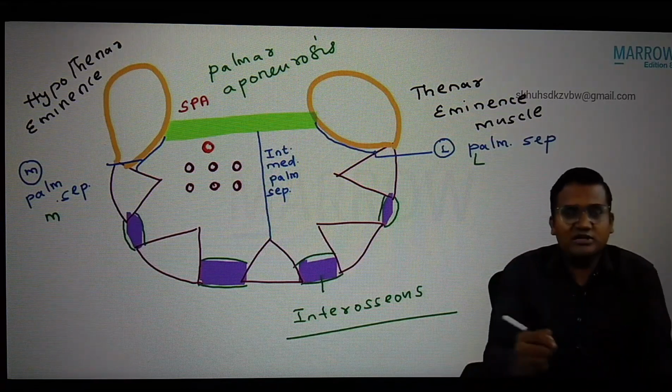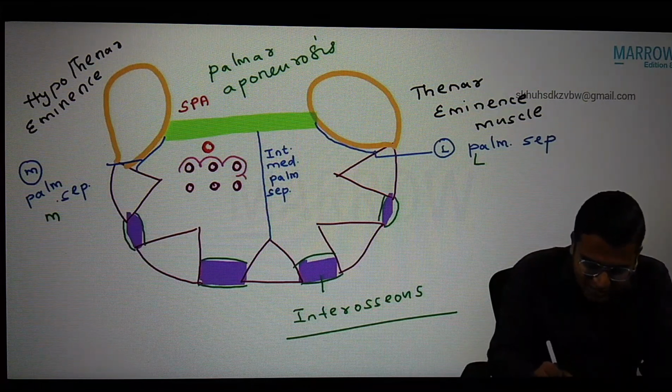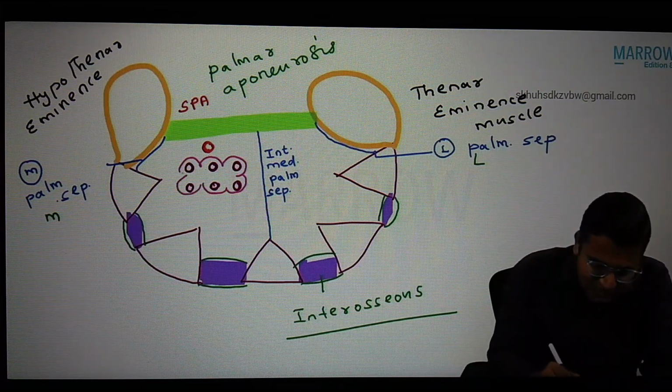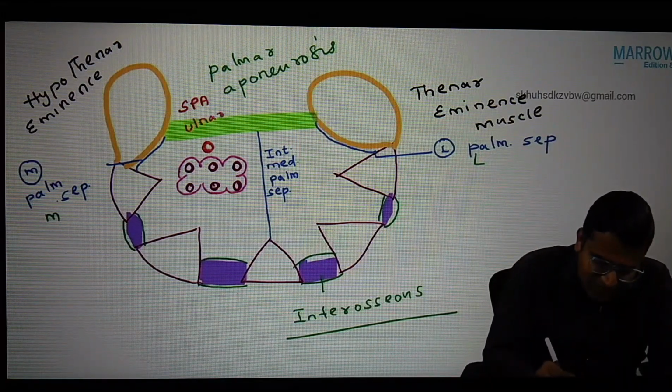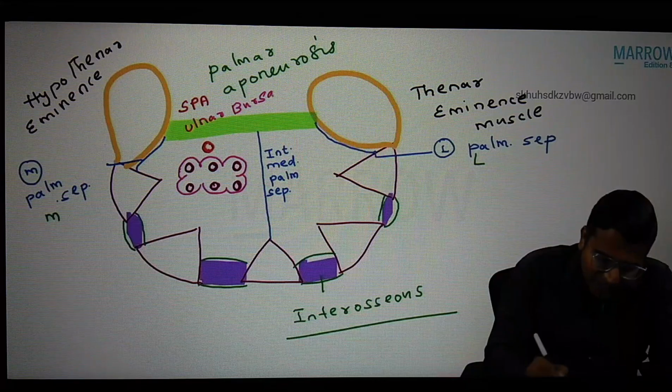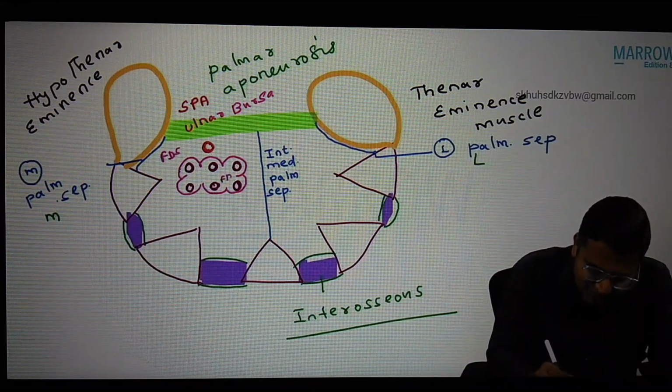And we have a synovial sheath for these tendons. These synovial sheaths are called our ulnar bursa. That is the ulnar bursa, and this is FDS tendon, and below that, that is the FDP tendon.